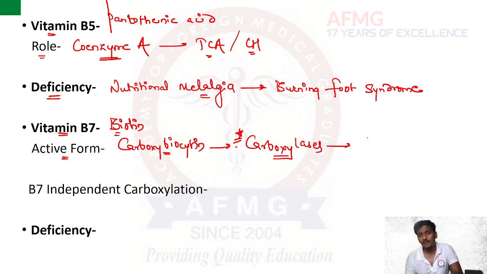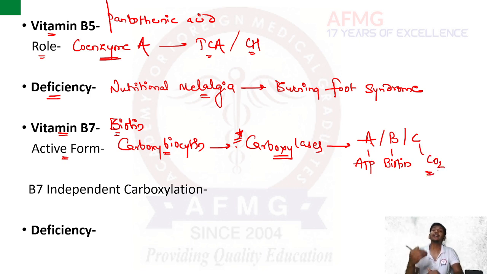Important carboxylases generally use A, B, C. That means A, they require ATP, B, they require vitamin B7, that is biotin, and C, as they are going to add a carbon dioxide group, they will require carbon dioxide, right? Please remember. Then there are some reactions which are considered B7 independent carboxylation reactions.